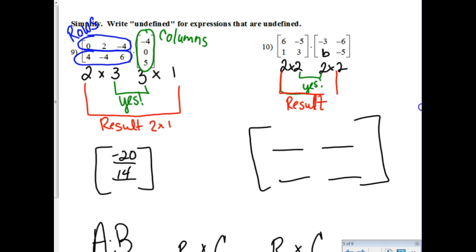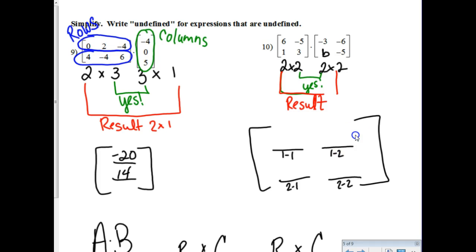Because it's a pretty large matrix on my screen, underneath the little blanks, I'm also going to write what position in the matrix we're at. So this is first row, first column. That's called position 1, 1. This is first row, second column, so that's position 1, 2. This is second row, first column, so that's position 2, 1. And this is second row, second column, position 2, 2.